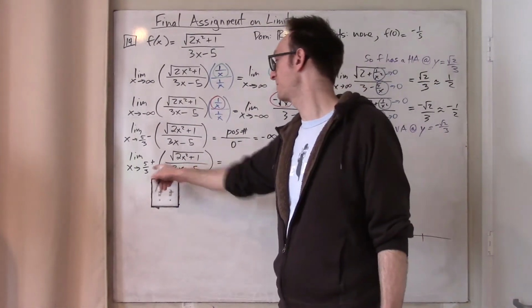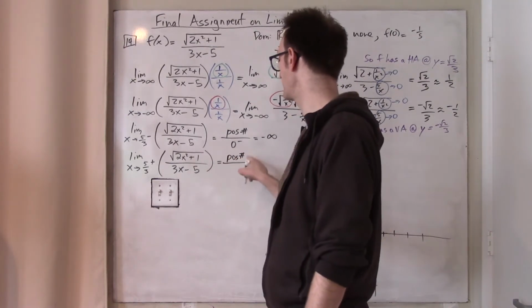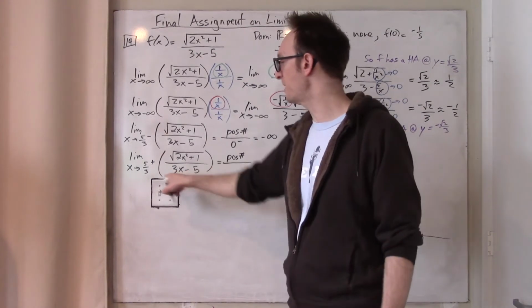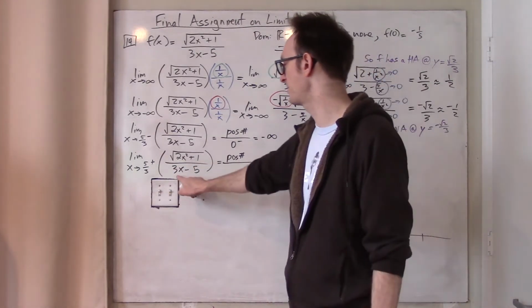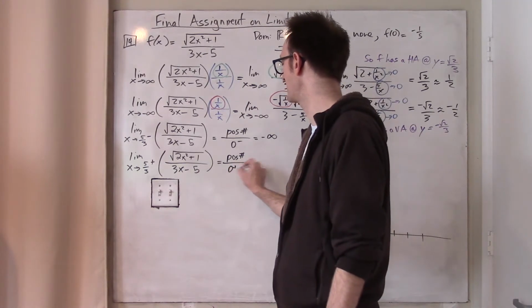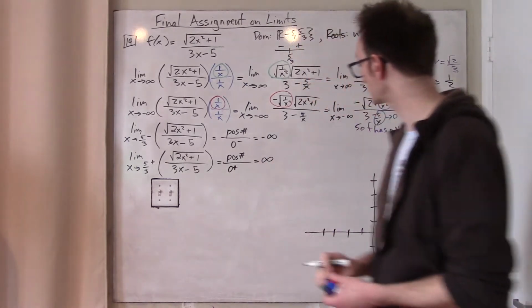Anyway, if x is a little bit more than 5/3, it's still true that this numerator will be a positive number, but the denominator now, if you multiply 3 times a number a little bit more than 5/3, it's a little bit more than 5. A little bit more than 5 minus 5 is going to be a tiny positive number, and so this is going to infinity. Okay.